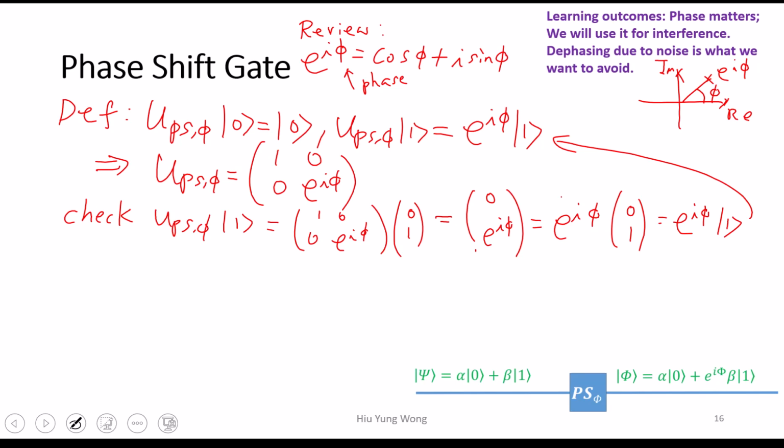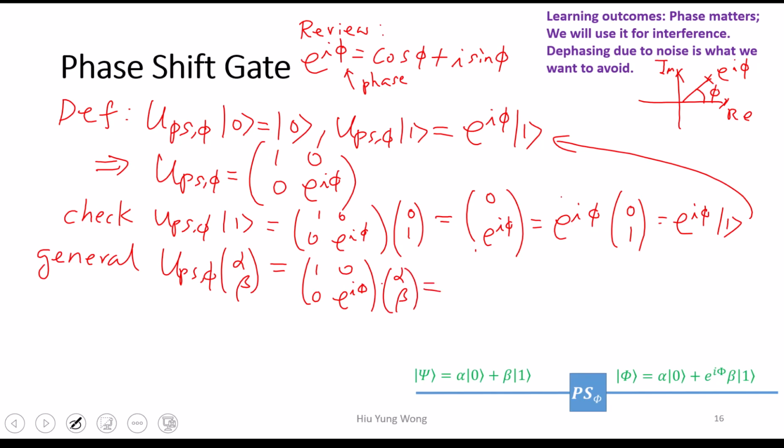So then in general, if I apply it to a general vector, the phase shift gate with phi, applied to alpha, beta, is equal to 1, 0, 0, e to the i phi. This time, on alpha, beta. Let me spell out how to do that. 1 times alpha plus 0 times beta. 0 times alpha plus e to the i phi times beta, right?